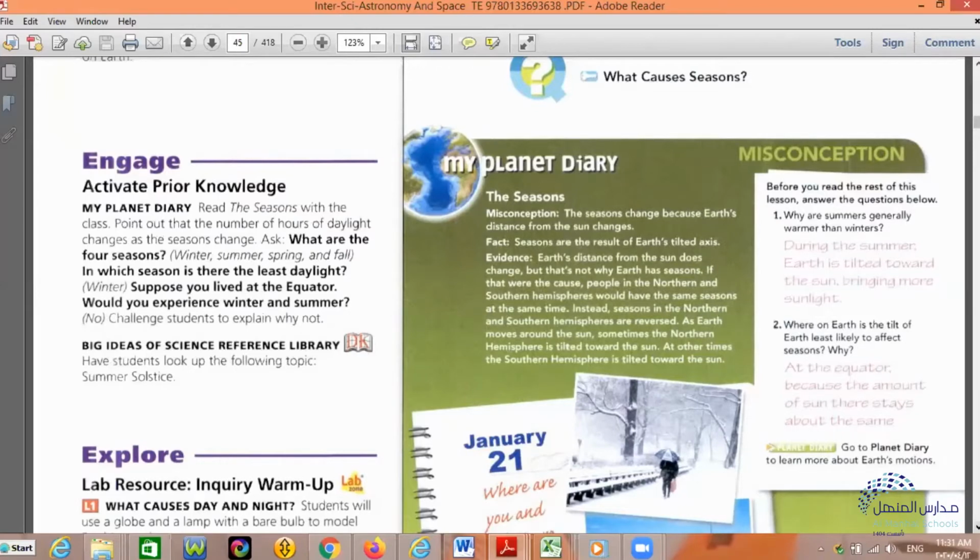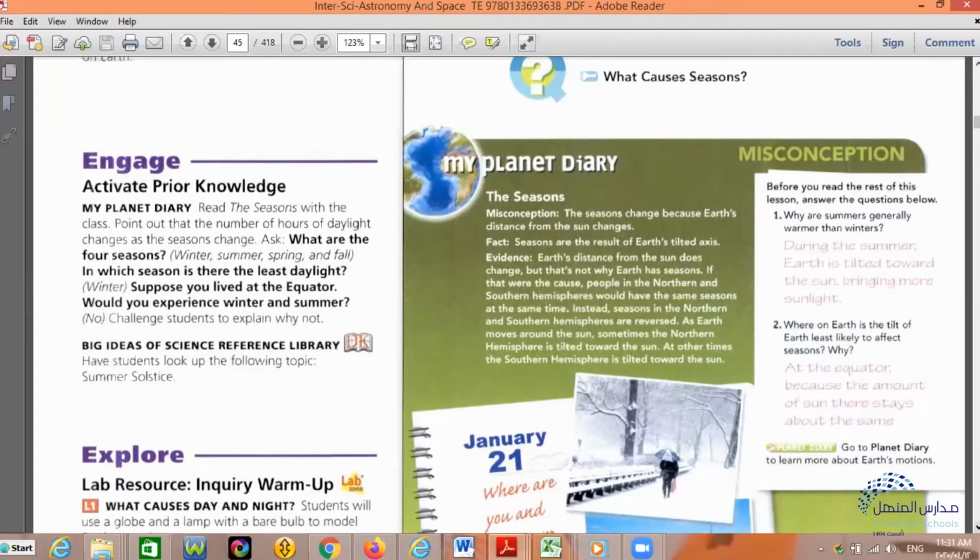While Earth rotates around itself, it causes the sequence of day and night. It does not cause day and night, but it causes the sequence of day and night. And while it revolves around the Sun, it causes the sequence of 4 seasons.